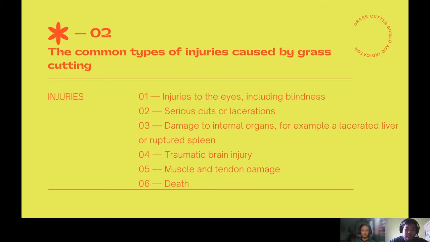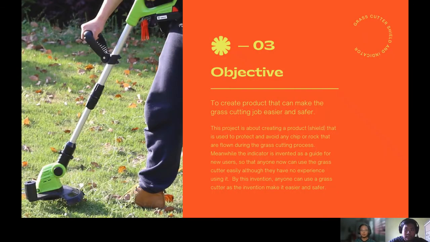So next, the objective. Why are we creating this project? We want to create a product that makes the grass cutting job easier and safer. This project is about creating a shield, as we can see, used to protect against and avoid any chips or rocks thrown during the grass cutting process.